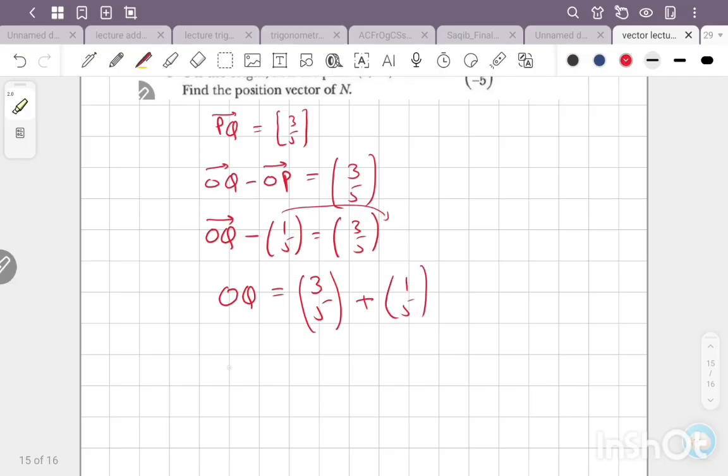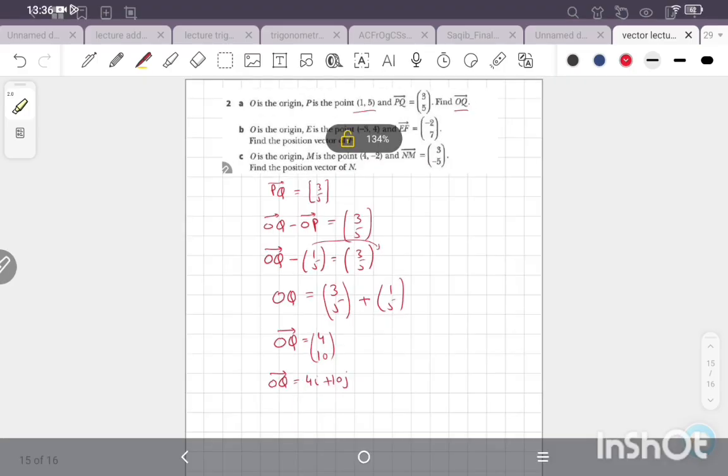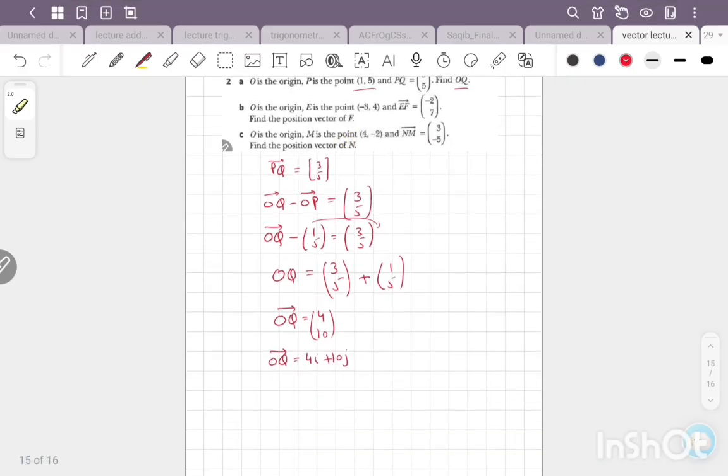We get the answer OQ is 3 plus 1, which is 4, and 5 plus 5, which is 10. So our answer is 4i plus 10j. Dear student, hopefully you can understand this part.